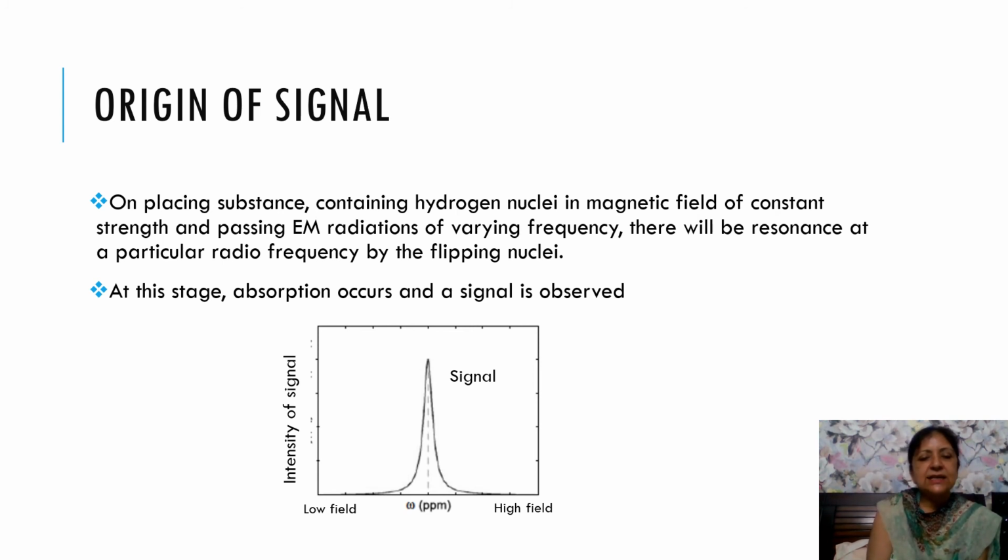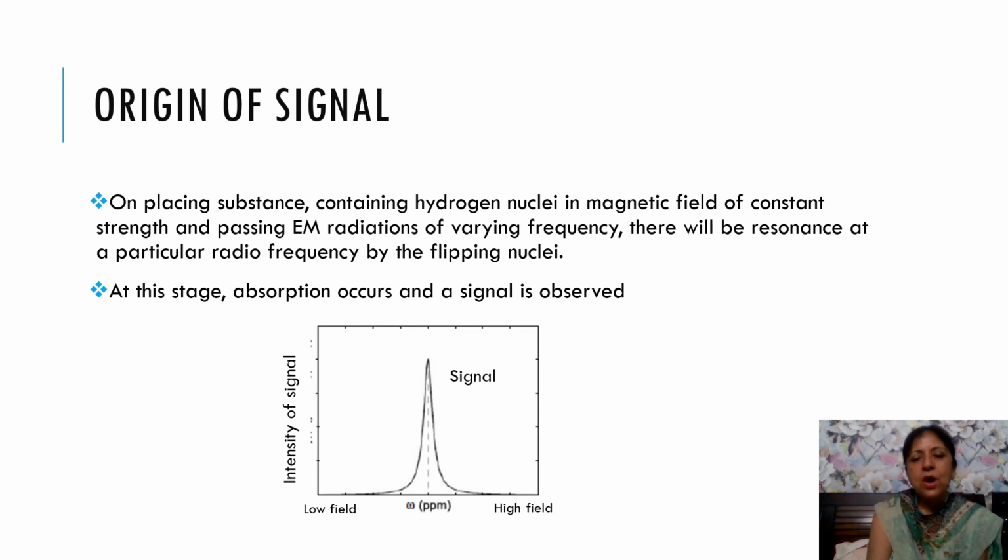You can see the signal intensity depends upon the hydrogen nuclei present in the sample, and the external field strength is shown. I have written high field, low field, which means where the signal is appearing. In the case of different molecules, say methane, ethane, ethyl chloride, we get different signals and they appear at different field strengths, which denotes that some signals appear at high field and some at low field.